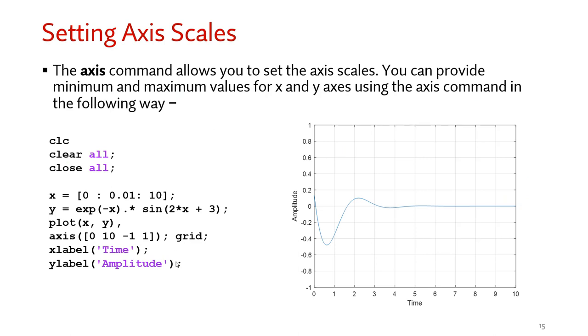Axis means you can play with the minimum value on the x-axis, which is 0 here, and the maximum value. So this is x minimum, this is x maximum, and then -1 is y minimum, and 1 is y maximum. So this is axes. You can set up the axes the way you like. Okay, and this is time, and this is amplitude.